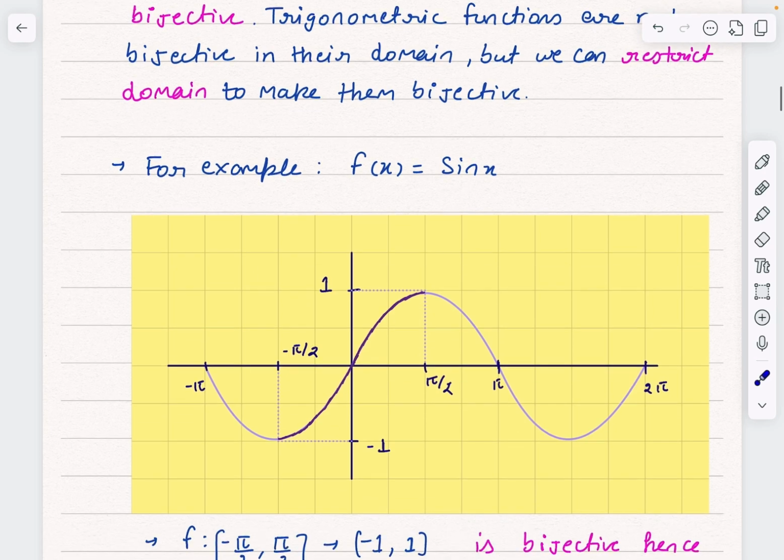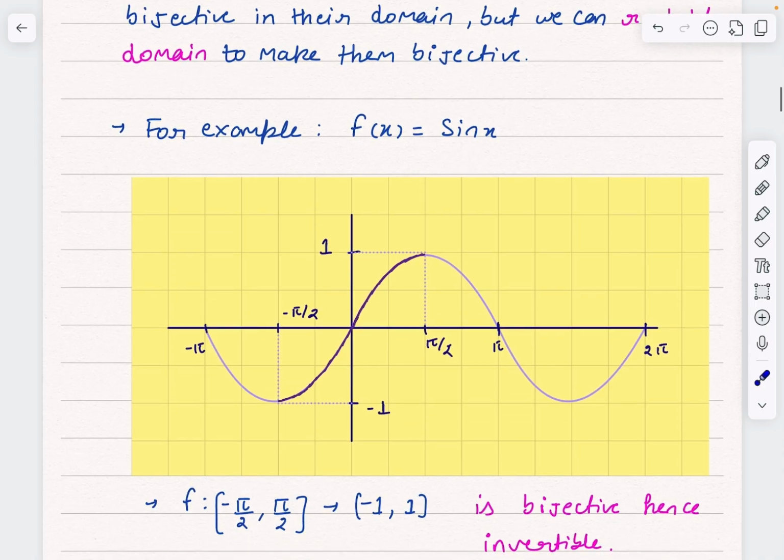Example, sine x. f of x equal to sine x. You know the sine wave. Obviously, this function is not one-one, because multiple points will give you the same value. You can see 0, pi, 2 pi, everywhere the value is 0.